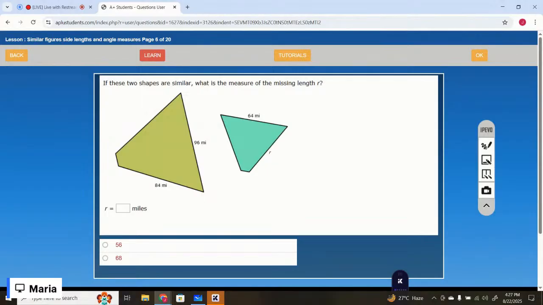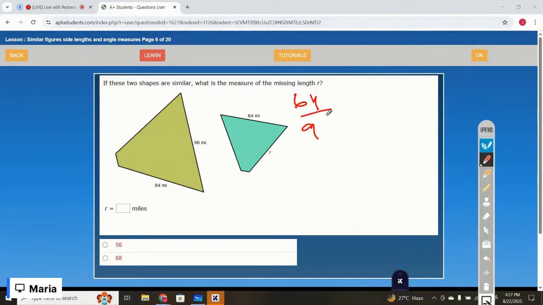If these two shapes are similar, what is the measurement of the missing side length? So let's just form a proportion between the similar sides. That is 64 over 96 equals R over 84.